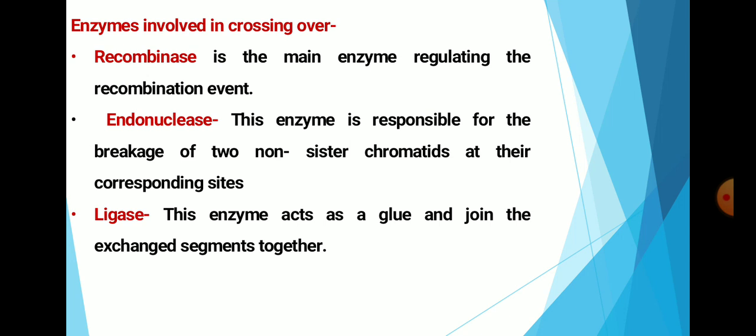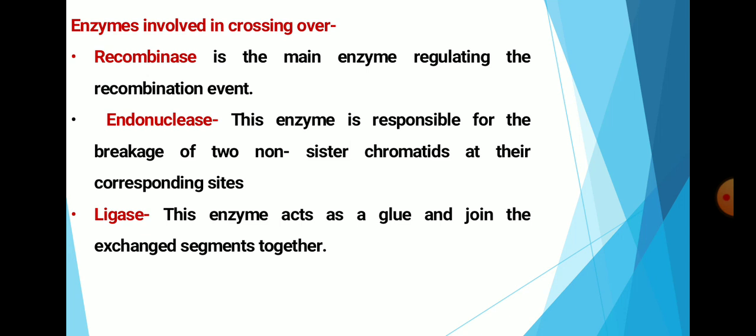Now we will discuss the enzymes which are involved in the process of crossing over. First, the main enzyme involved in the process of crossing over is recombinase, because it regulates the recombination event.